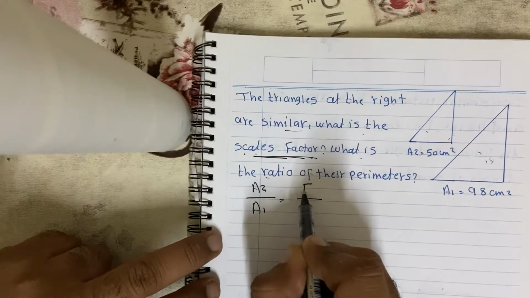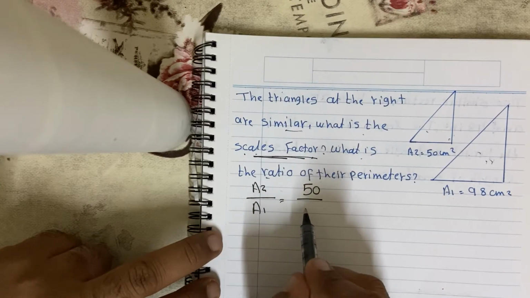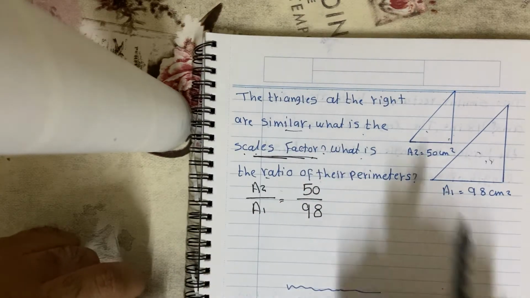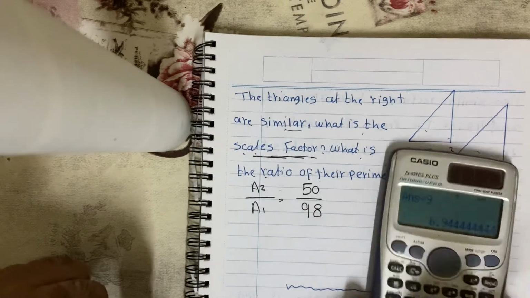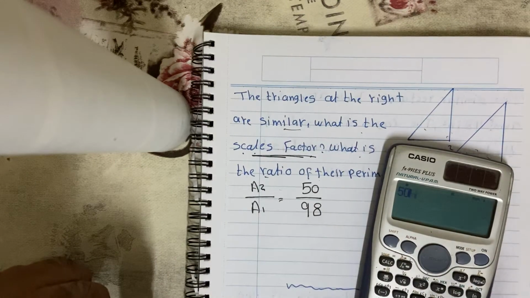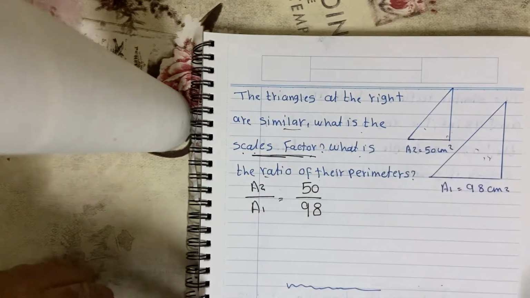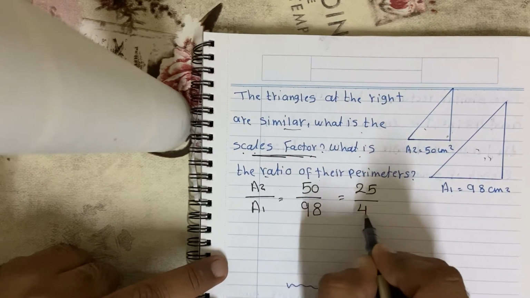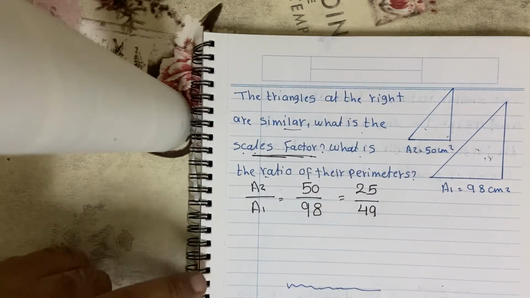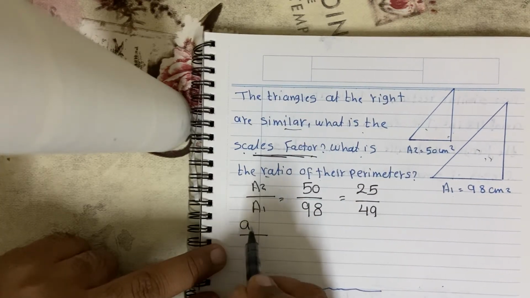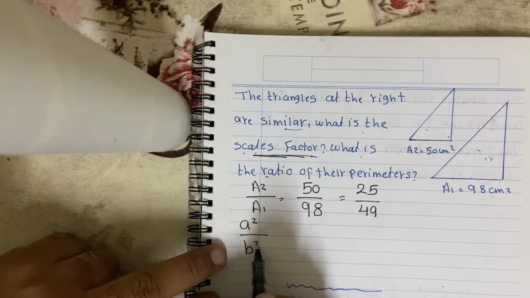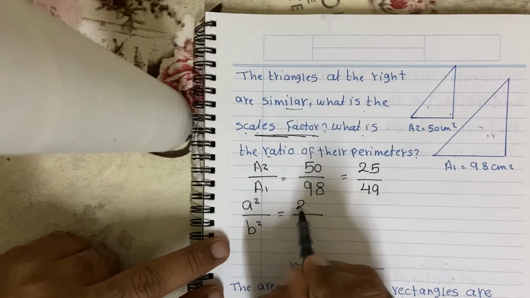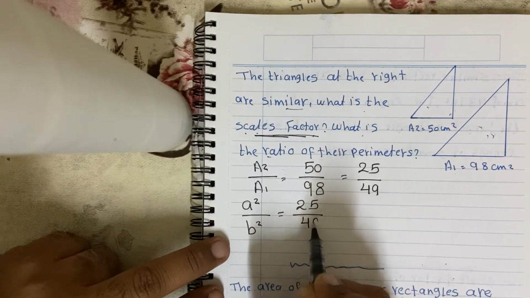It will be 50 over 98. By simplifying, 50 over 98 is 25 over 49. The ratio of the area is A power 2 over B power 2, so we have A power 2 over B power 2 equals 25 over 49.